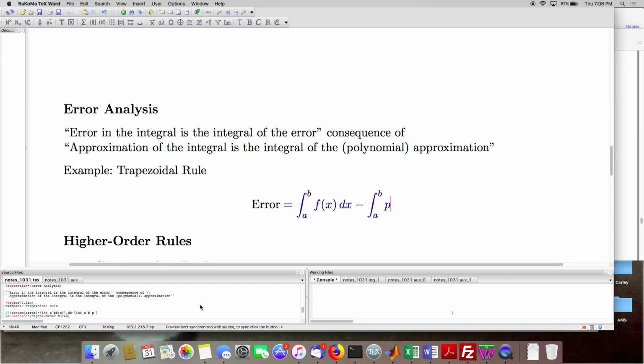But the approximation is some linear polynomial P1 that interpolates f at the endpoints A and B.